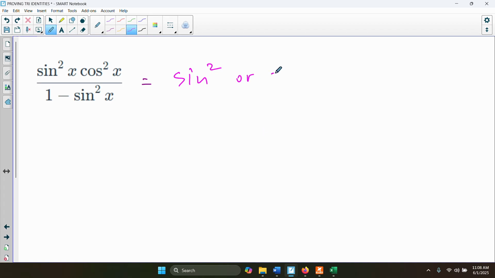Or it could be 1. Maybe everything cancels away, and frankly I didn't even look yet. But actually this one is so simple that I recognize immediately that the answer is going to be this. Okay, so here we go.